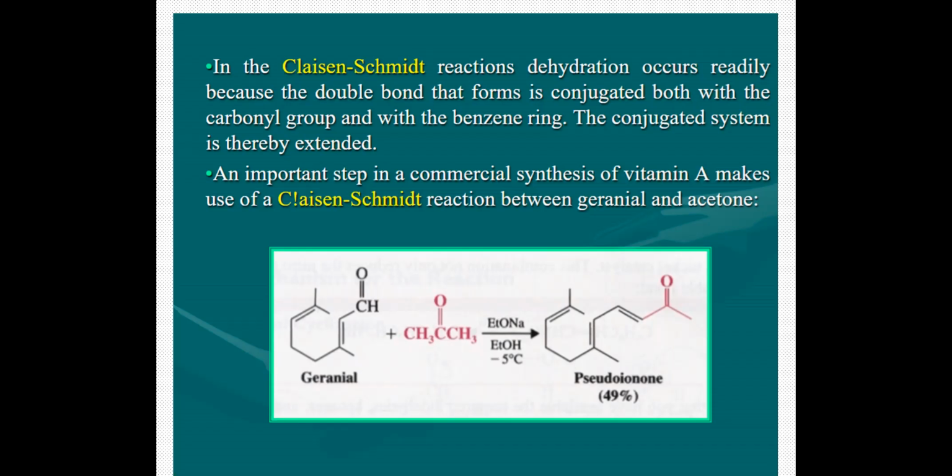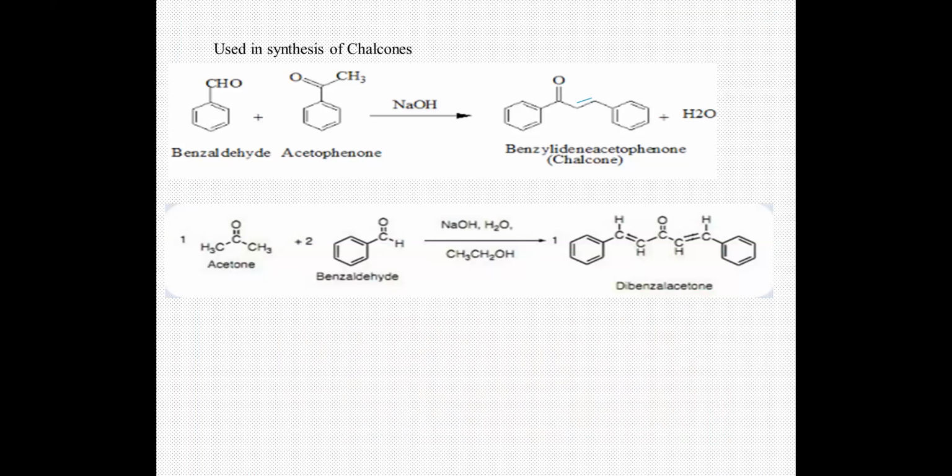So just remember the structure. It is an aromatic aldehyde which does not contain an alpha hydrogen, which you treat with acetone, and you get your product, which is used for the synthesis of vitamin A. Another example: benzaldehyde is treated with acetophenone, and you get benzylideneacetophenone, that is a chalcone.